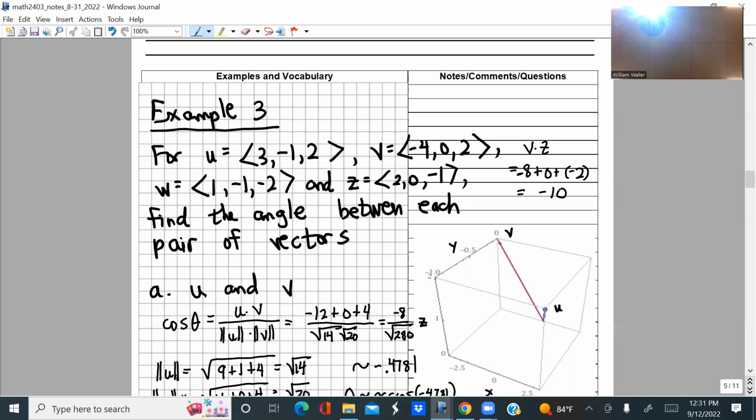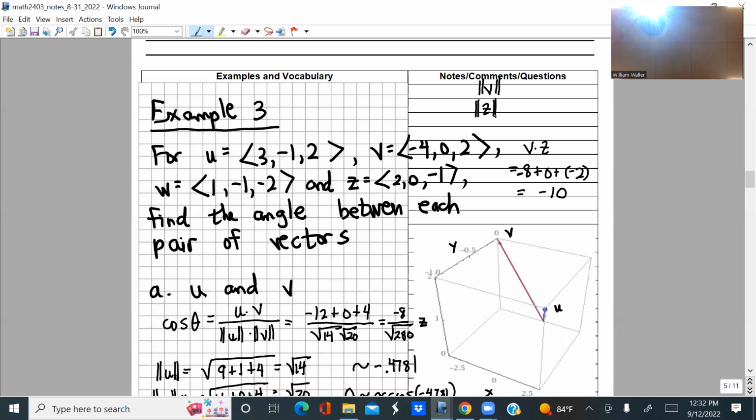Remember the other calculation here is I need the product of the two magnitudes. I want the angle between them to be pi, 180, right?